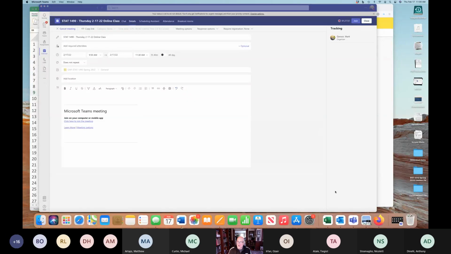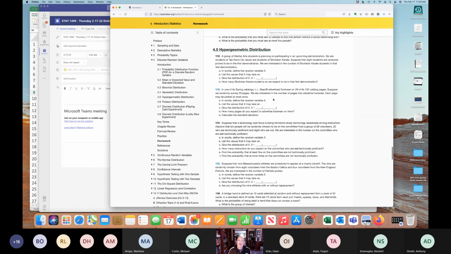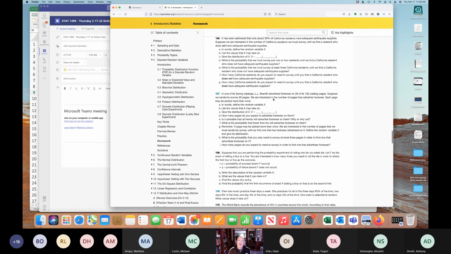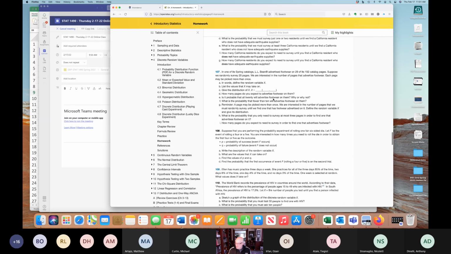Let's go back to the book. I'll share my screen again. Poisson, hypergeometric. I like geometric. I don't know why I like geometric problems.